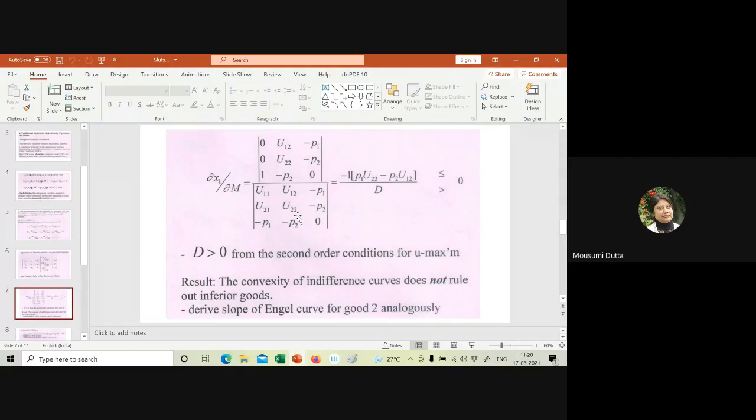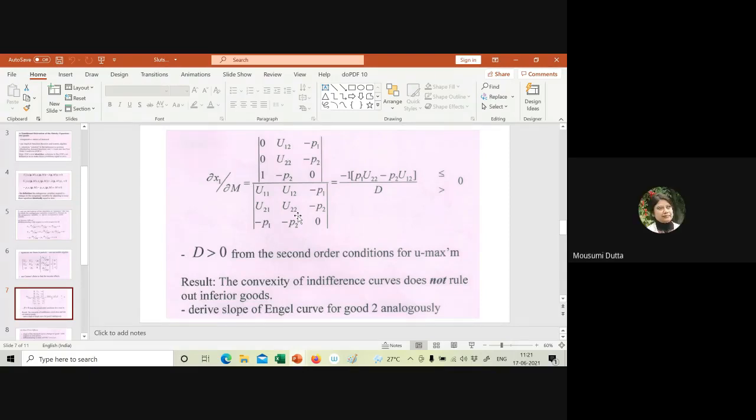And that is greater than 0 by second order condition. So solve for the numerator and check whether you are getting minus P1 U22 minus within bracket P1 U22 minus P2 U12. Please check it. Ma'am, shouldn't it be minus P2 U12 plus P1 U22?